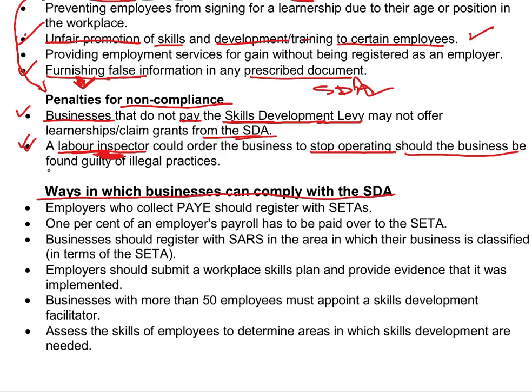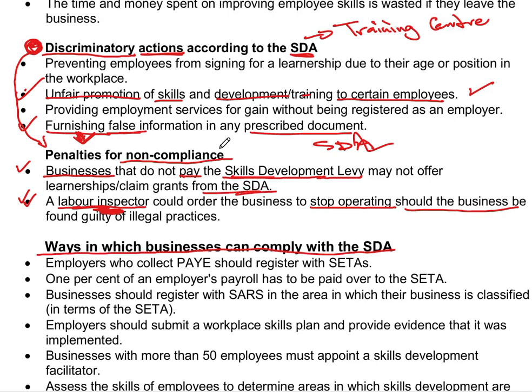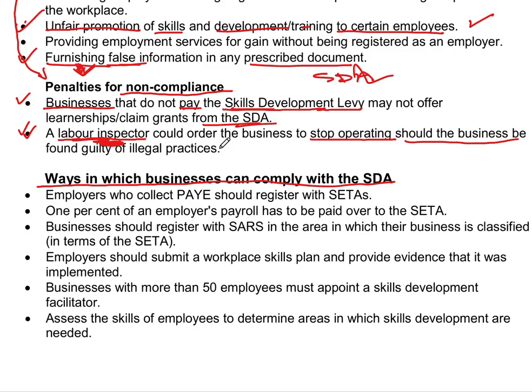They might give you a scenario, then they will talk about discriminatory actions according to the SDA, and they say give us two that are not part of that scenario, and the penalties for non-compliance and ways in which a business, maybe a KFC franchise, whatever, King Burger, can comply with the SDA.